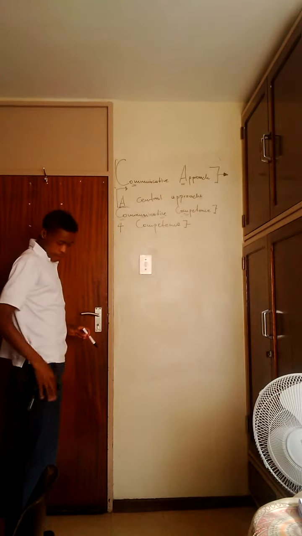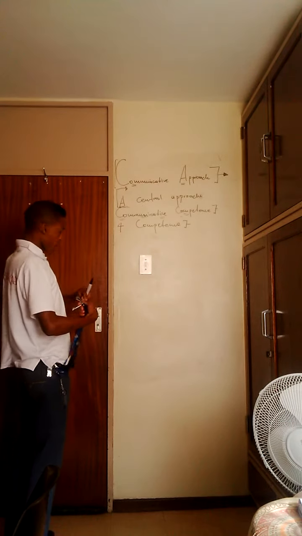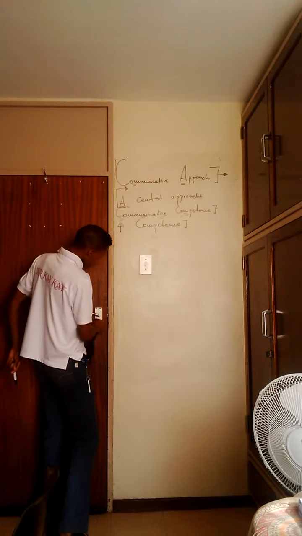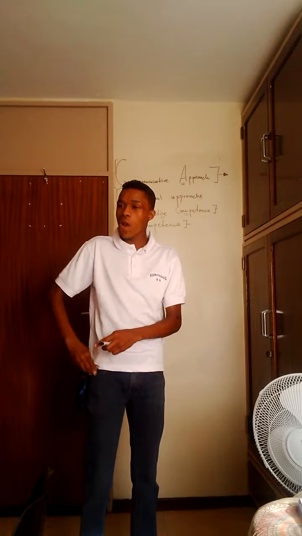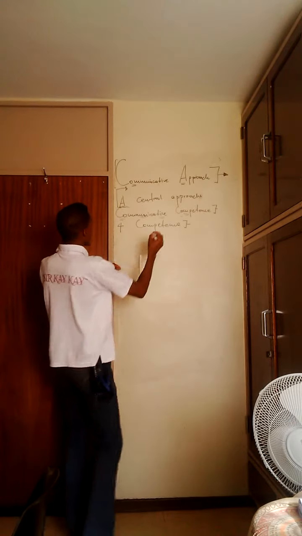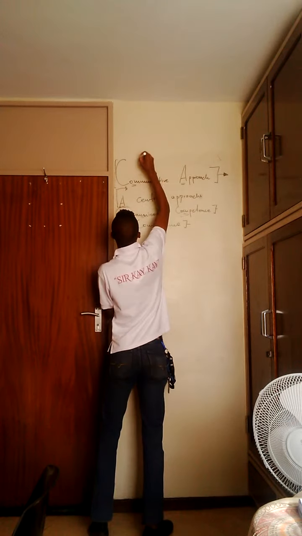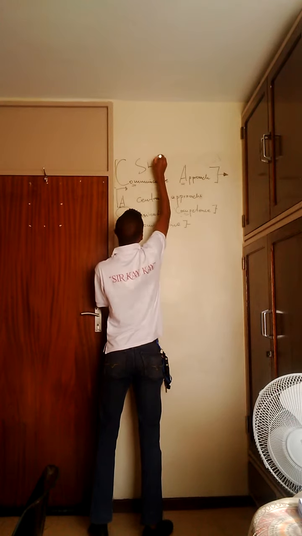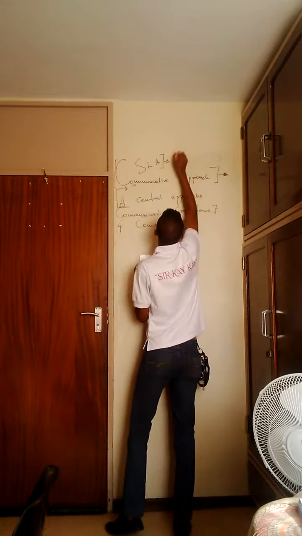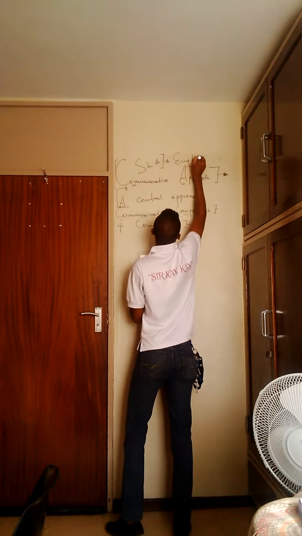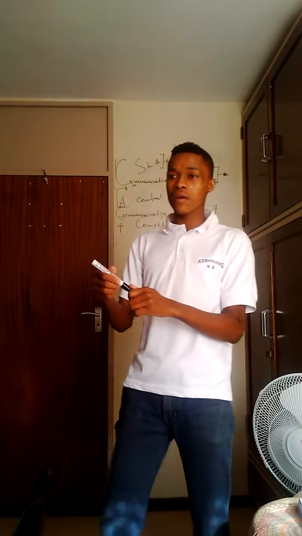When we talk about these four competences, we are talking about the competences that a particular individual has to develop in order to learn a second language, which is SLA. Simply means we're talking about the English language as a medium of instruction in South Africa.